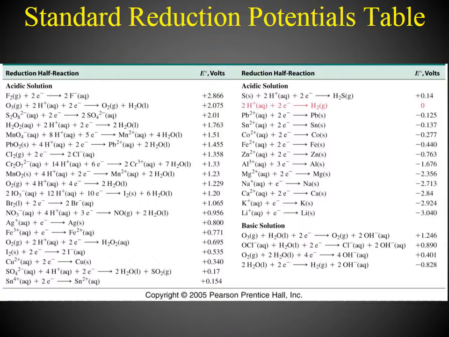Now let's also do a little bit of ranking of the ability of these various species to be either oxidized or reduced. In the case of fluorine, as you can see here on this list, fluorine is highly likely to be reduced. This makes fluorine the strongest oxidizing agent on this list.